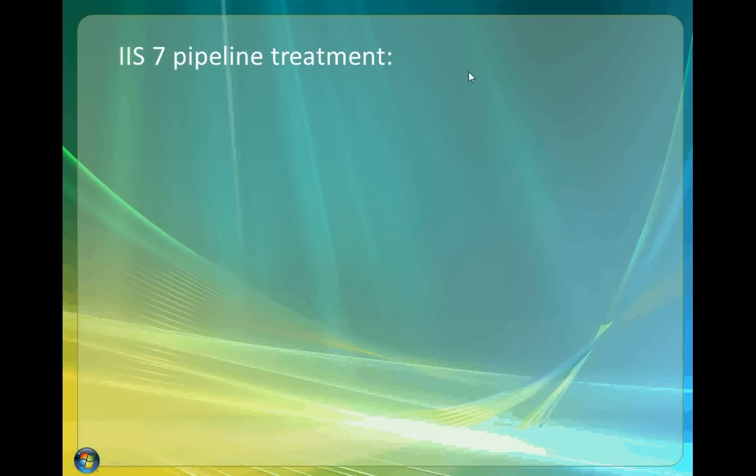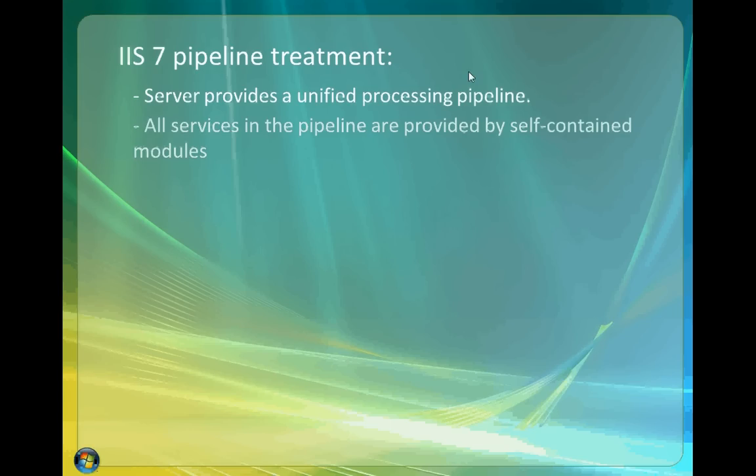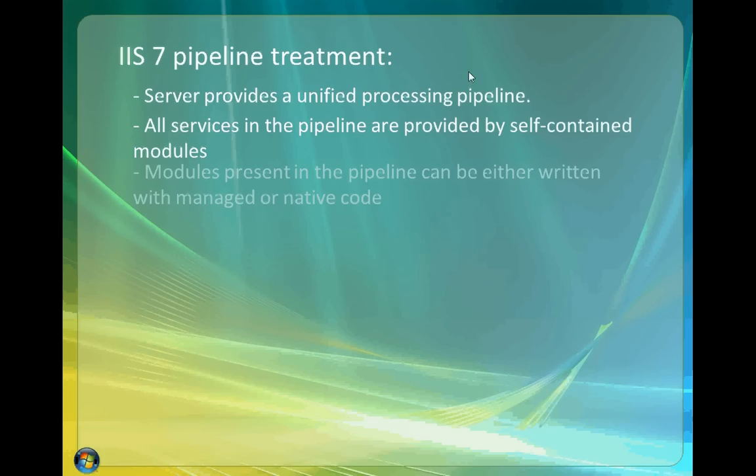So let's just look at the big points to remember on the pipeline treatment in managed pipeline or integrated pipeline. The server provides a unified model of processing all requests, and all requests go through these self-contained stages in which I can map my own code and actually replace the code that IIS comes with by default.